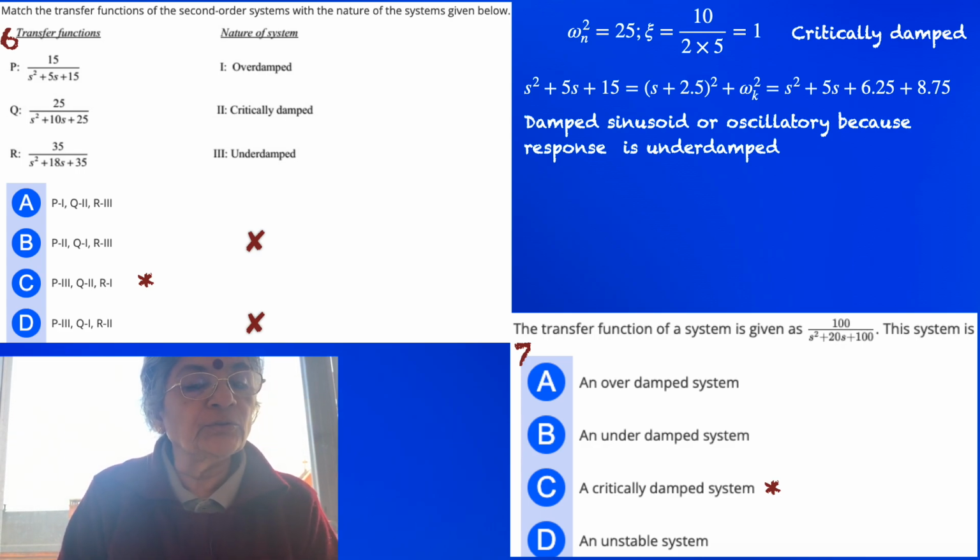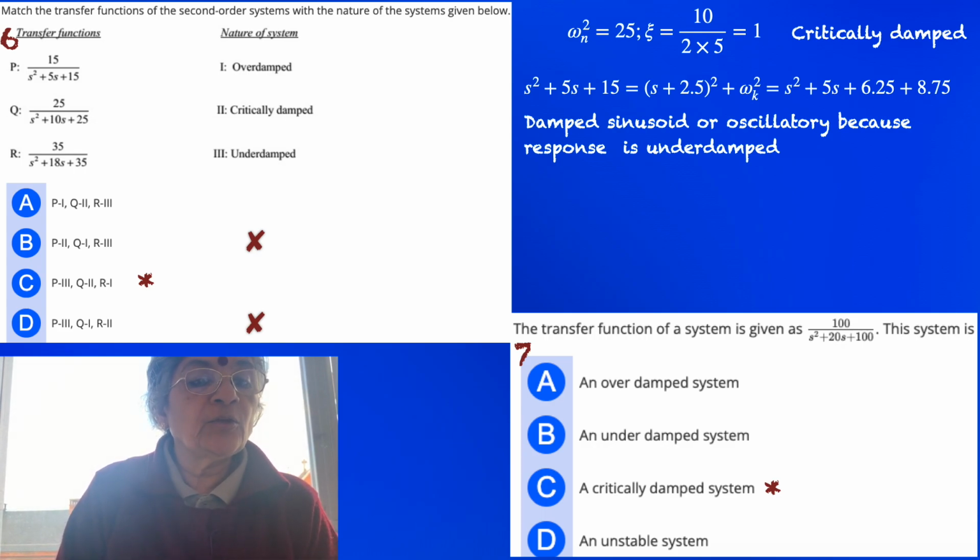So we have a good look at P, Q, and R, and we are supposed to match the transfer functions of the second order systems with the nature of the systems given below. So we have over damped, critically damped, and under damped given. The best thing is to see if you can find out omega n square in any of the cases.